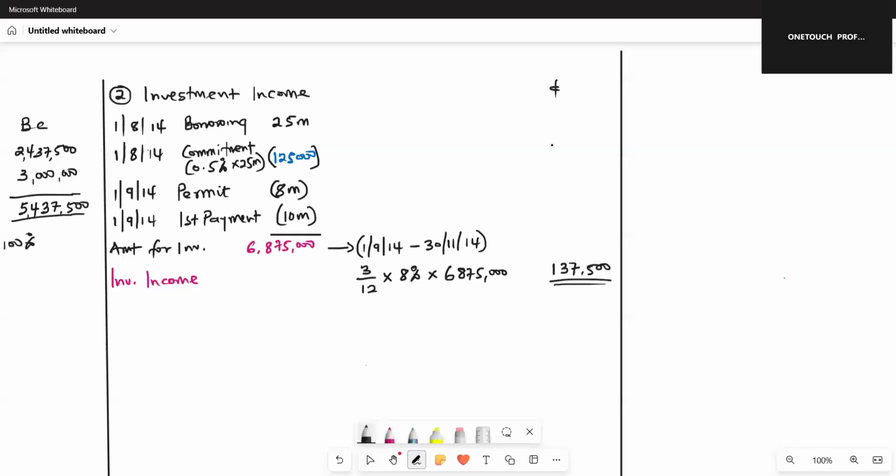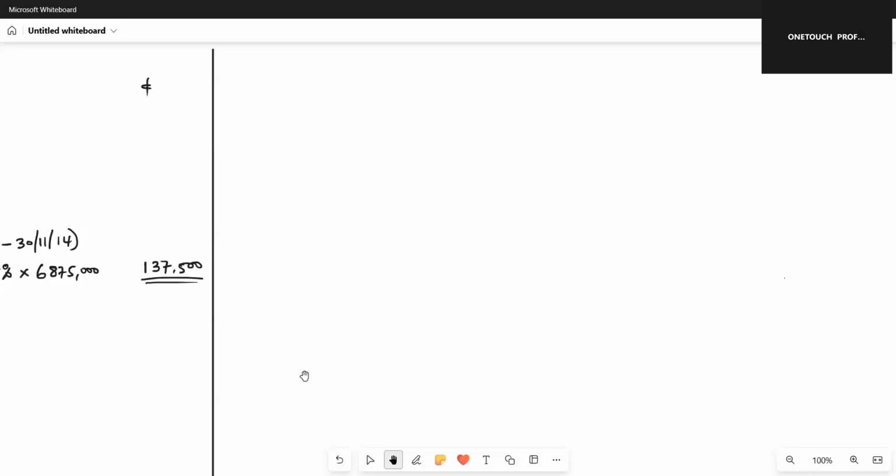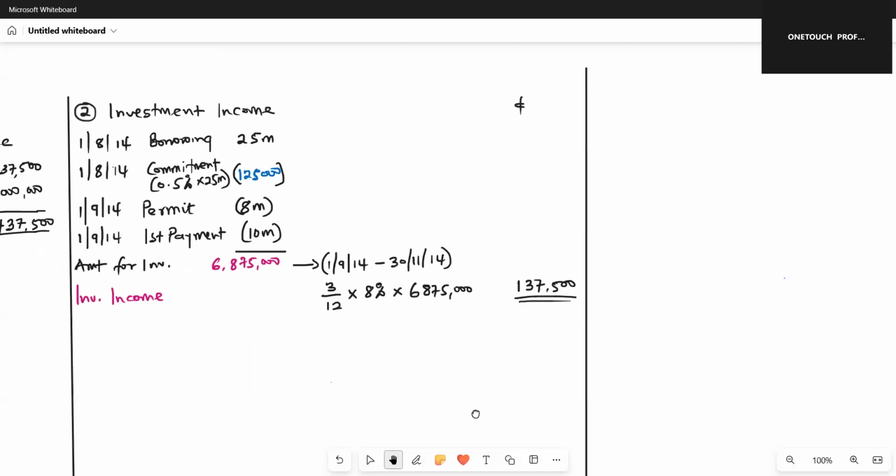So the next 50 million, remember, for you to know how much you took from the existing borrowing, you must deduct the 6,875 from it. Did you get it? So we get 8,125. Because of the way the calculation is, we cannot do everything together, so I want to break them into sessions.